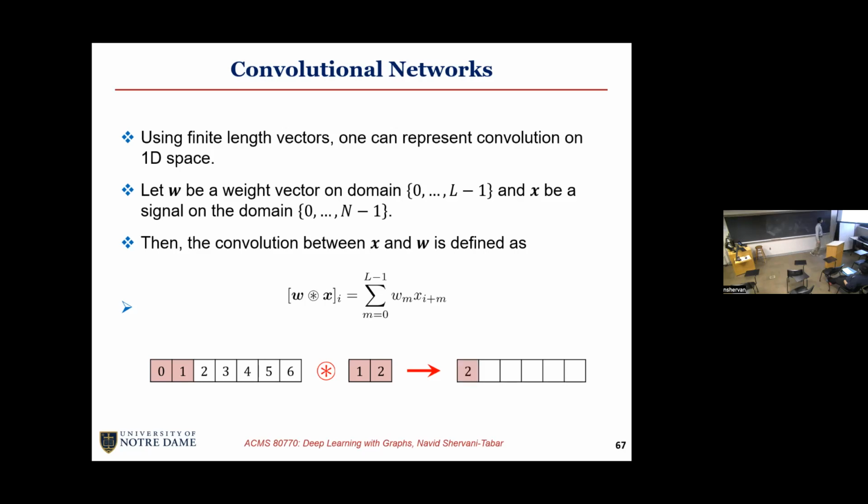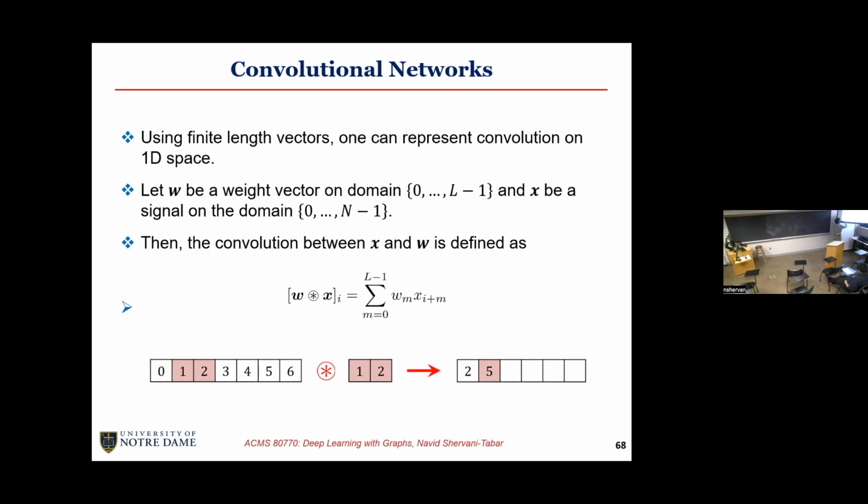Now, I can repeat that. Again, take this and slide it over by one, right? I'm moving m from 0 to L-1, computing it for different i's, and then putting the result on the second index, for instance.